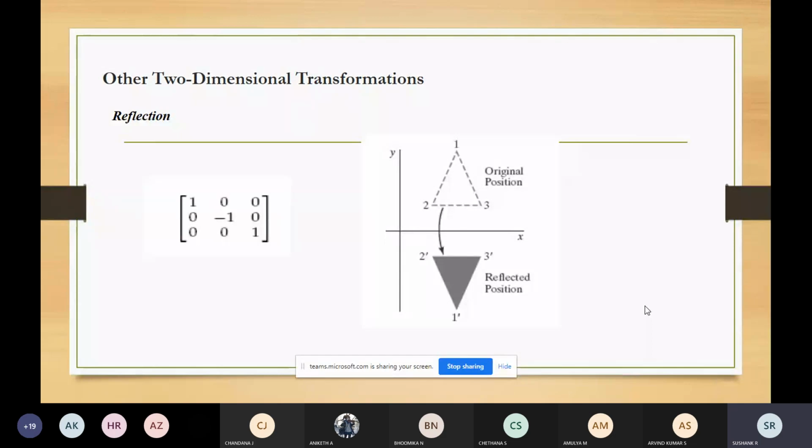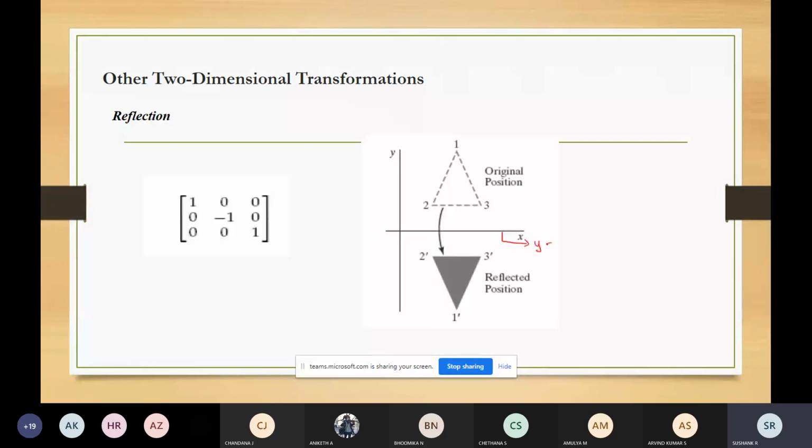This reflection can be along the x-axis, and it can be along the y-axis also. Reflection means the image will be generated by rotating the object through 180 degrees about the reflection axis. So the reflection can be along the x-axis or the y-axis.